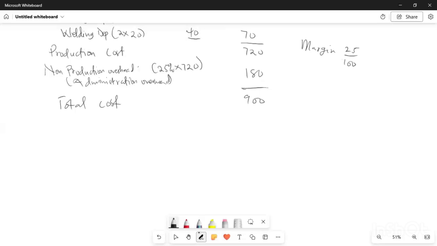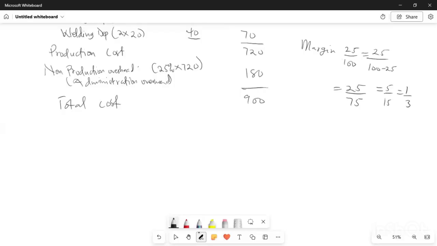So our margin is 25 over 100. If you want to change from margin to markup, let the numerator, which is the 25, form the denominator. You get it? So we are changing margin of 25 over 100 to 25 over 75, which is 1 over 3. Now 1 over 3 is a markup.